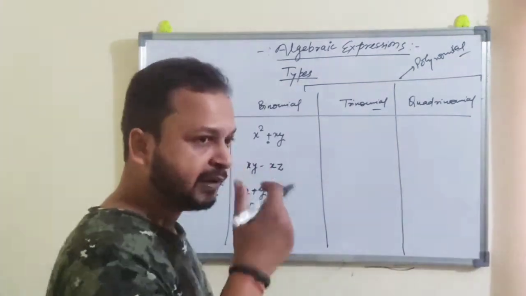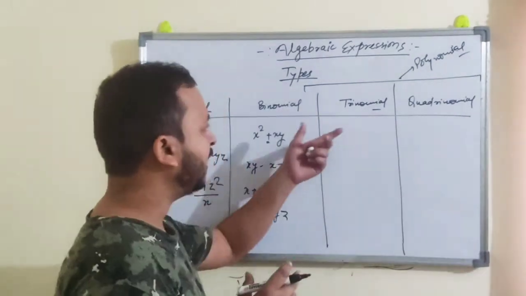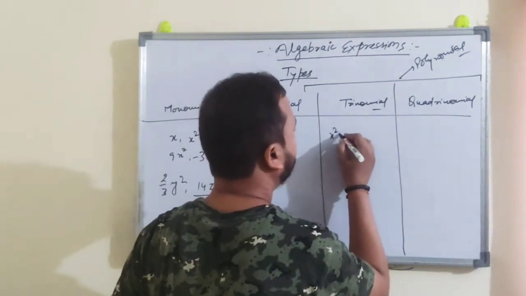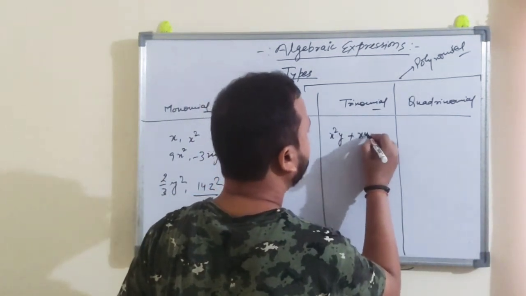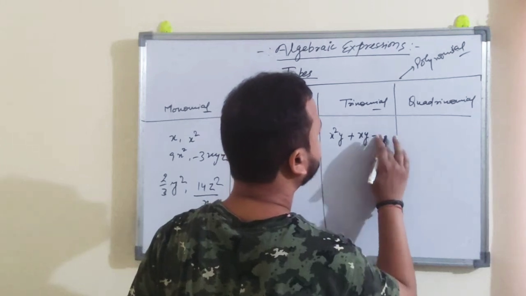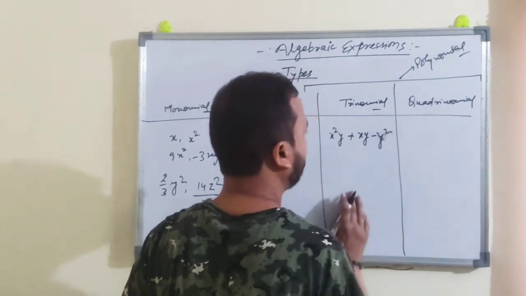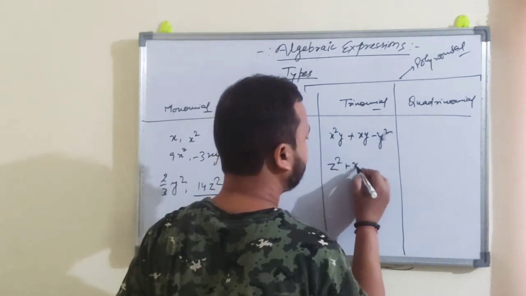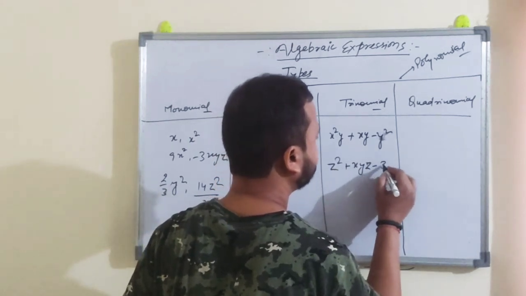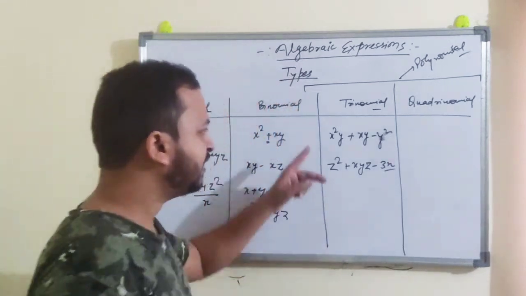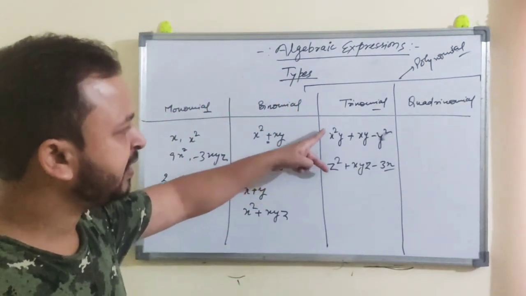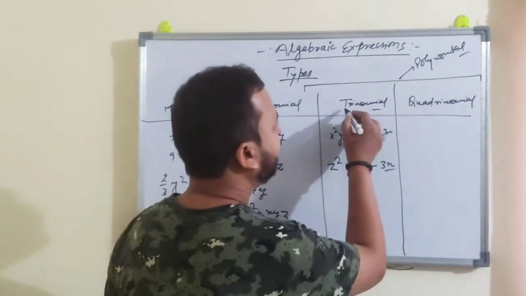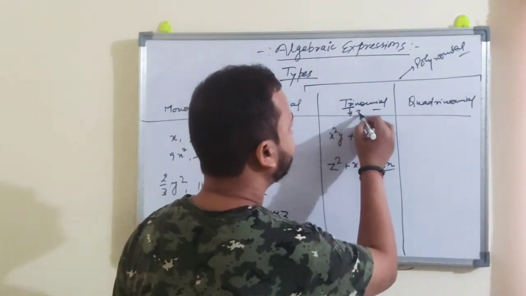Trinomial means 3 terms are joined together with addition or subtraction, right? So x square y plus xy minus y square, z square plus xyz minus 3x. This type of expressions are known as trinomials. For quadrinomials, look, here tri is given. Tri means 3, right?